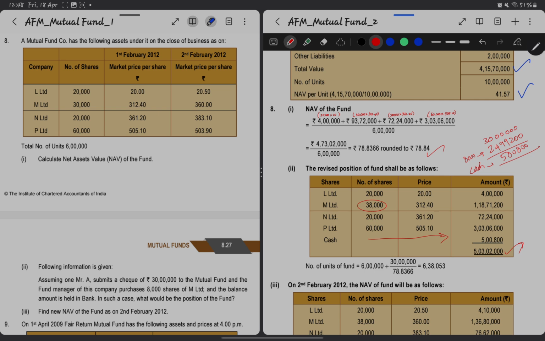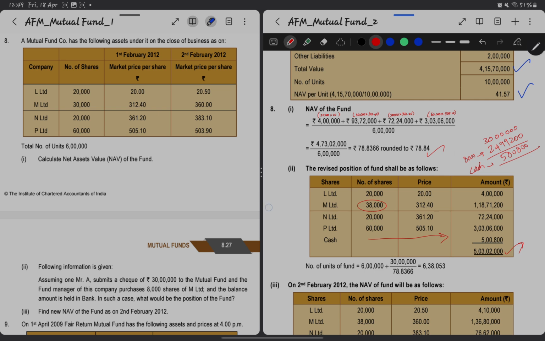So the number of units also will change, but we can't directly take the price here and add these 8,000 shares, because that is wrong. We have to find out the number of units of the fund at the previous NAV per unit. We found out that the price is 78.84.